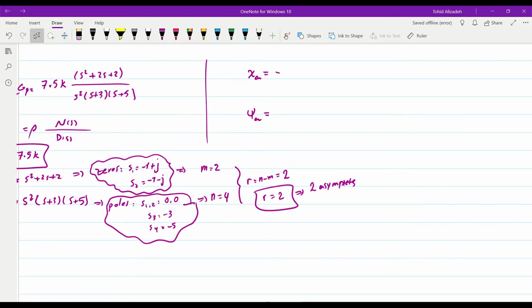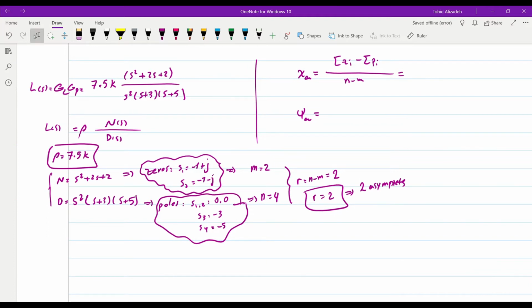For point of abscissa, we know that it will be equal to the sum of zi's minus sum of pi's over N minus M, where we have zi's coming from N of s, which will be in the form of s plus c1 times s plus c2 over s plus p1 times s plus p2, and so on and so forth.